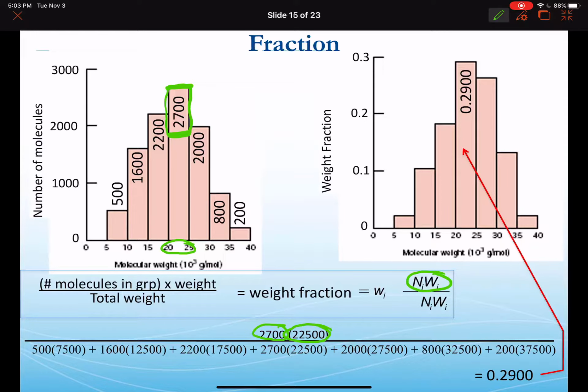And we're going to divide that through by the total weight of the sample, so by the sum of all alike results. Notice down here, this first piece is in fact the numerator of a different weight fraction calculation.